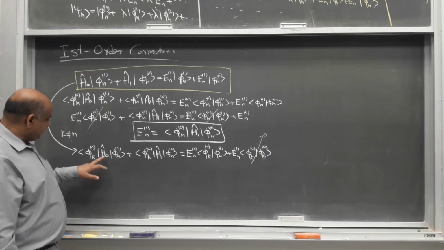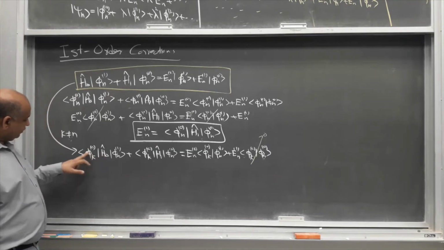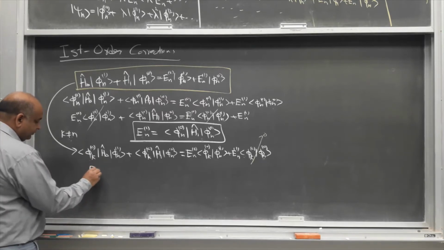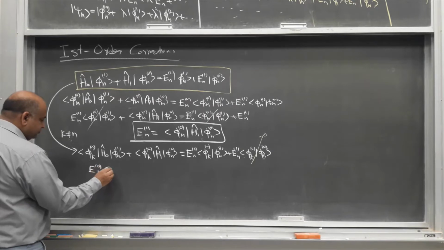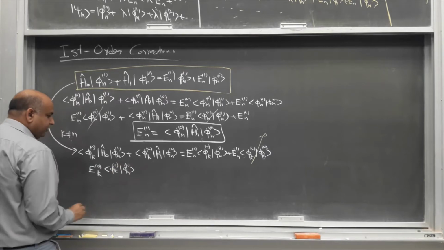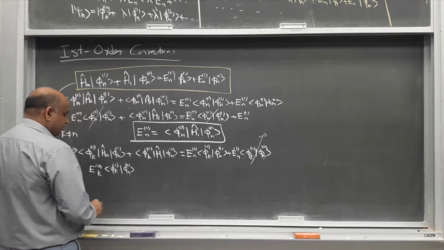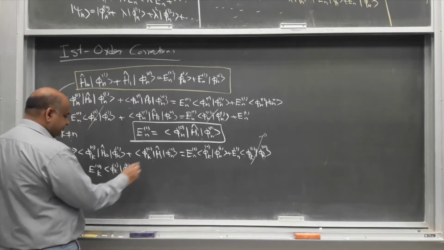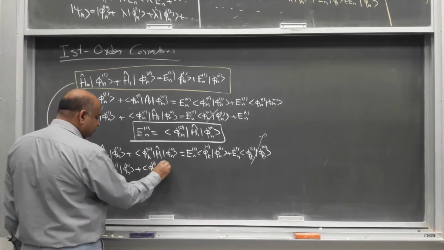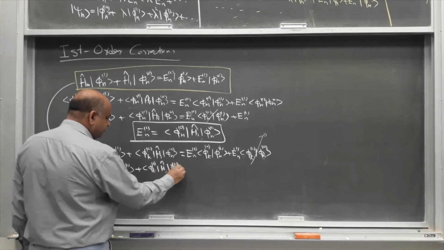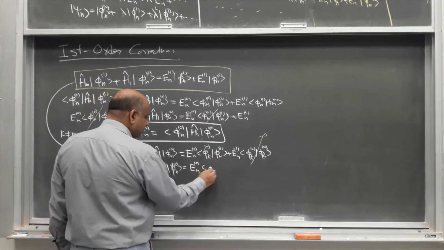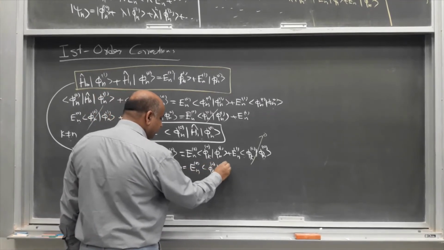And from here I can see quickly that this H0, when it operates on phi k, gives Ek0 phi k0 phi n1, and here I get phi k0 H1 phi n0 equals En0 phi k0 phi n1.